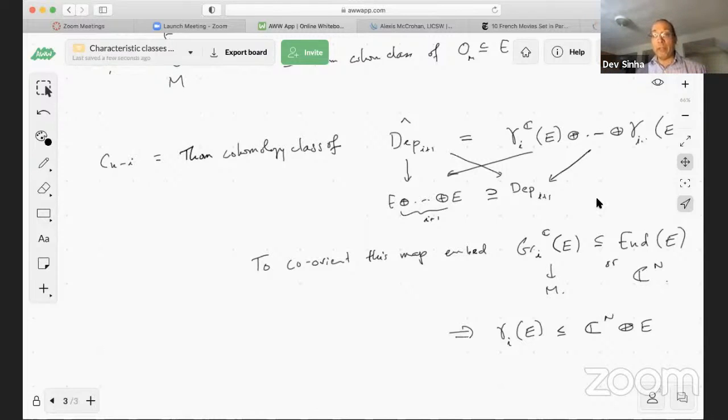But the point is that my factorization now is, well, so here's some exercises to leave to you.